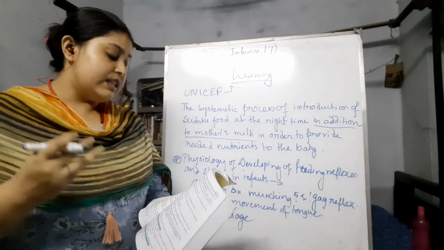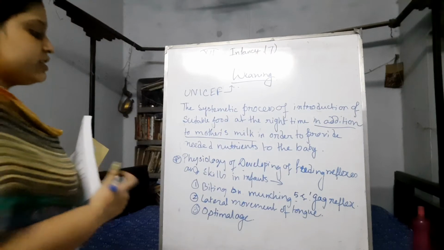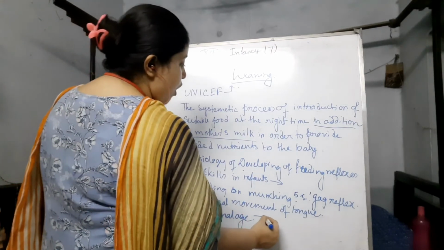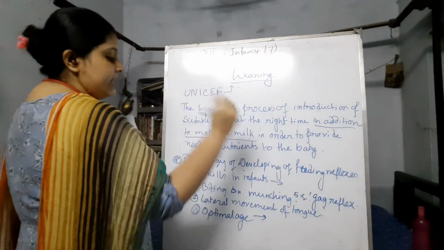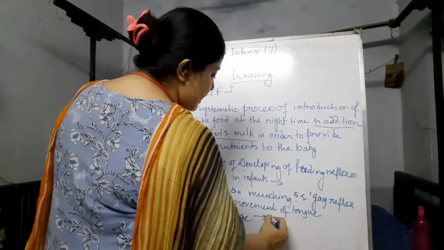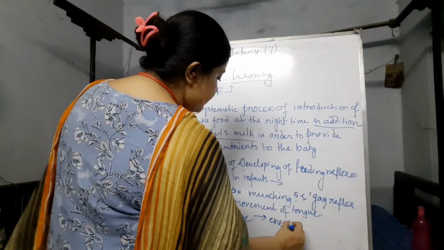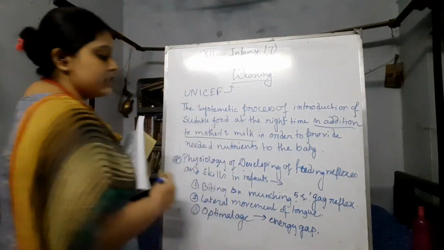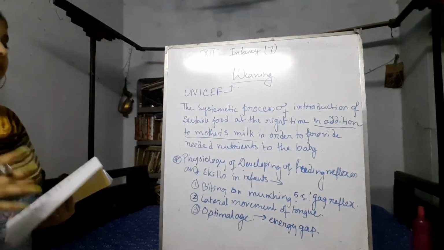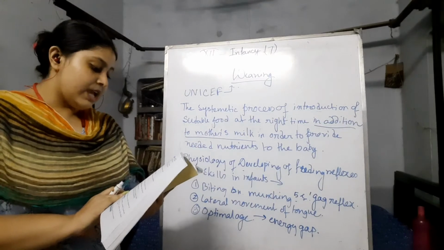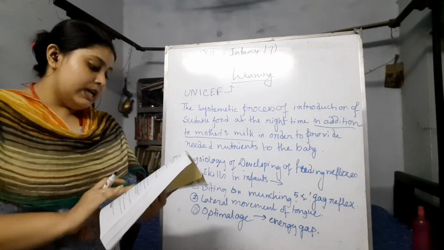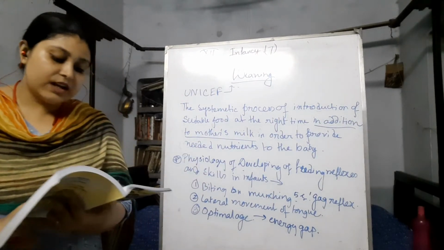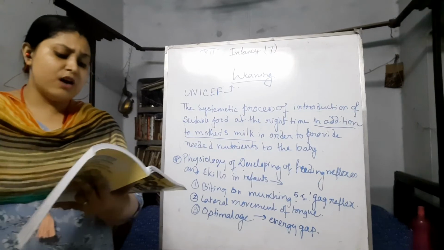So to meet the energy gap, they should be given weaning food. We have to follow the optimal age for it, and the second aim is to meet the energy gap.